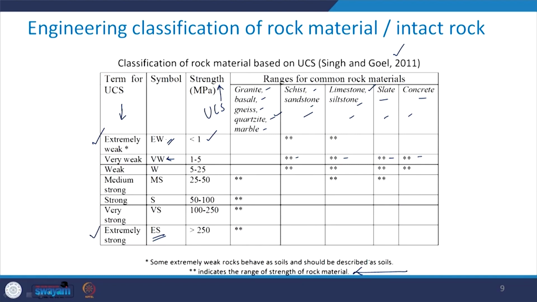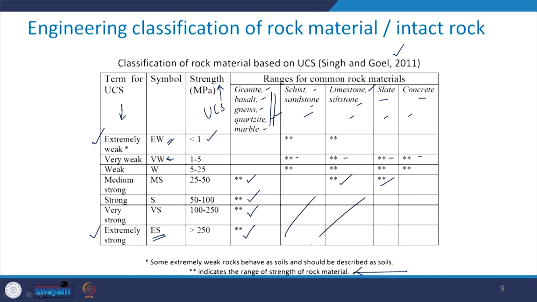Okay. So, likewise, let us say I take medium strong. Some variety of granite, basalt, gneiss, quartzite or marble lie in this category, and then limestone, siltstone and slate also lie in that category. These rocks in general belong to the stronger categories, and therefore, you will see that for the strong, very strong and extremely strong categories, they are present in all these three categories.